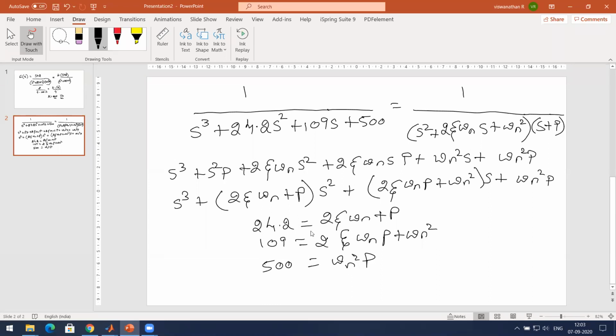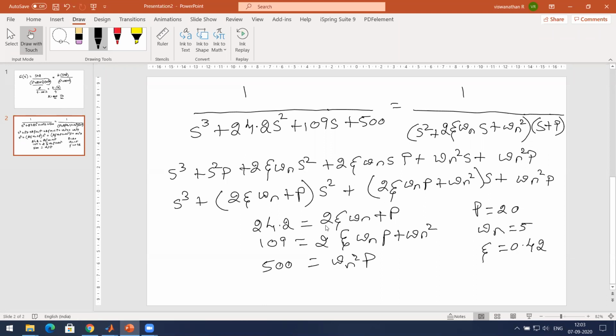We have three equations. How many unknowns? Three unknowns, sir. Three equations, three unknowns, you can solve it. Because of time limitations, I'll just write the answer. p is equal to 20. If you solve this, you'll get this. Omega n is equal to 5, zeta is equal to 0.42.